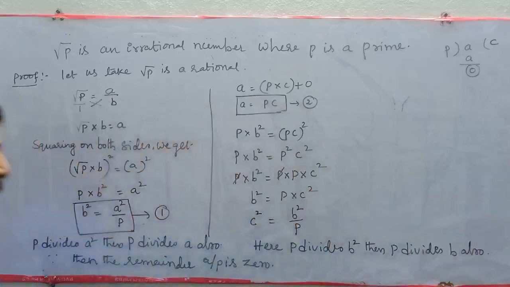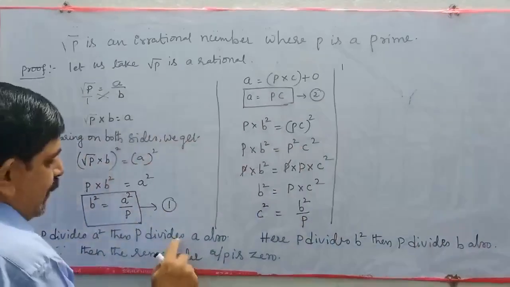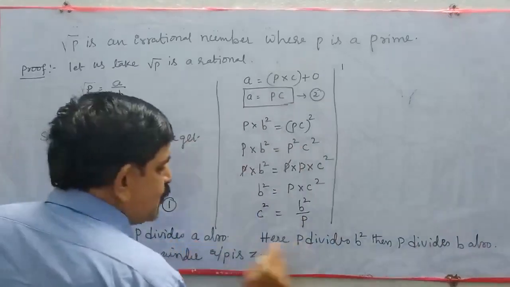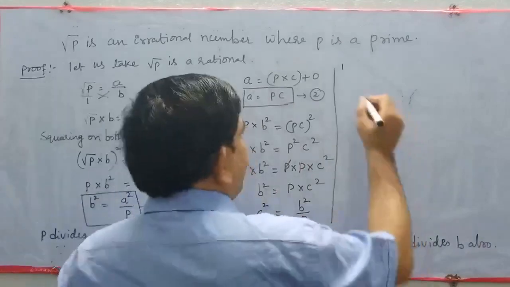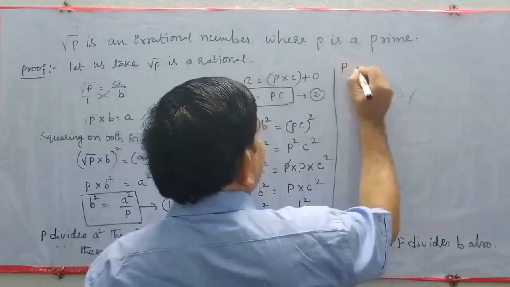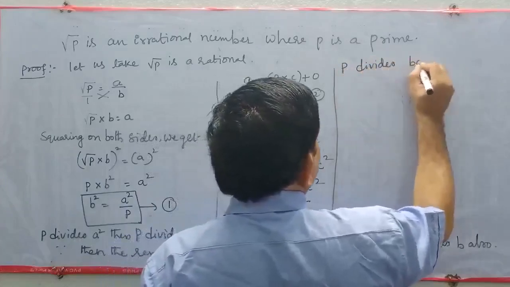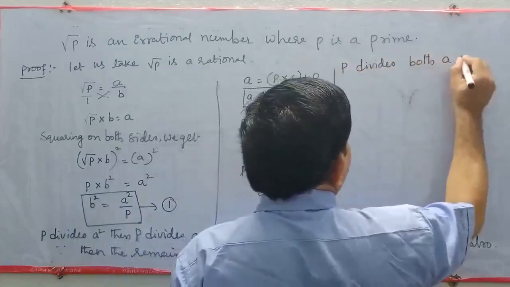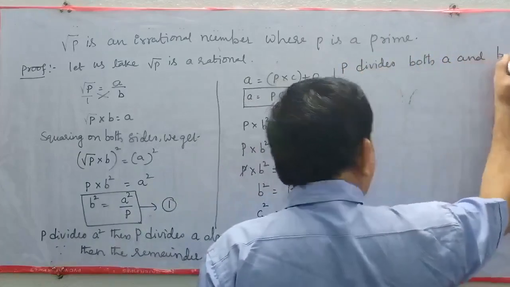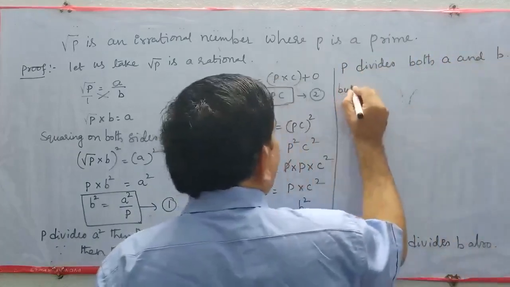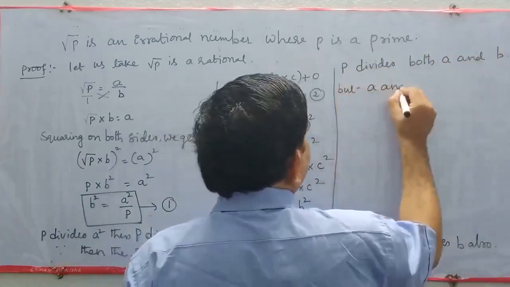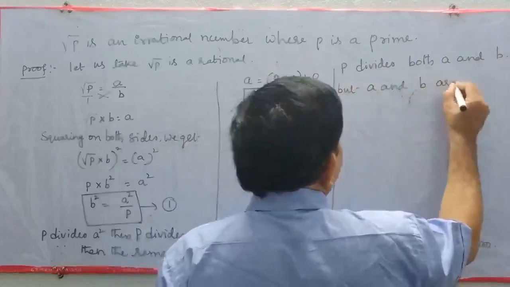Combining these two statements, we get P divides both A and B. But A and B are co-primes.